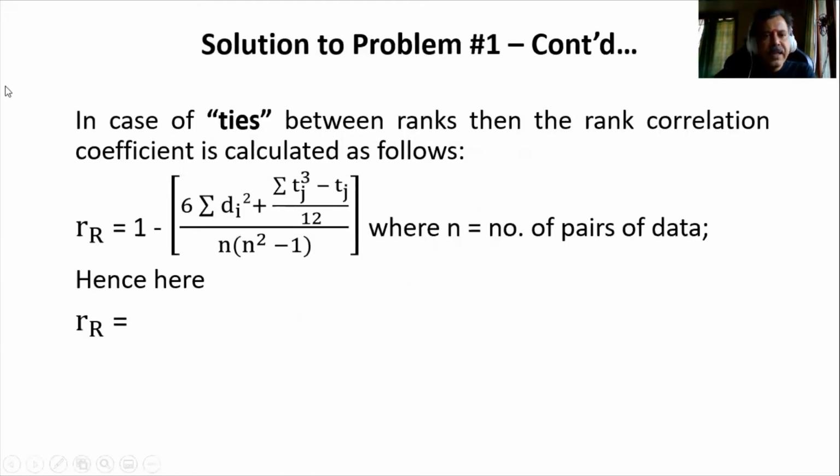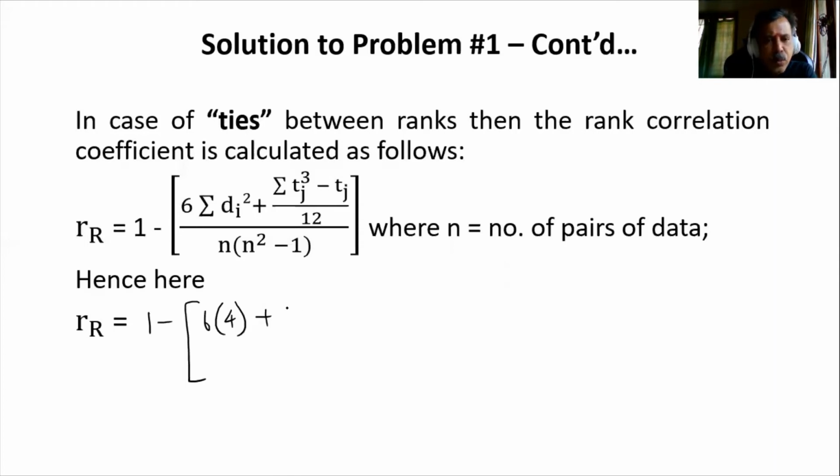If ties are there, then we apply this particular formula: 1 minus 6 times summation d square plus summation of tj cubed minus tj by 12, the whole thing divided by n into n square minus 1. So it is 1 minus 6 times summation d square, which we had seen is 4, plus tj. Here j takes only two values because there are only two common ranks, so there are two tie lengths, t1 and t2.